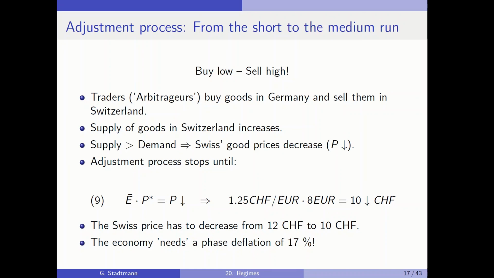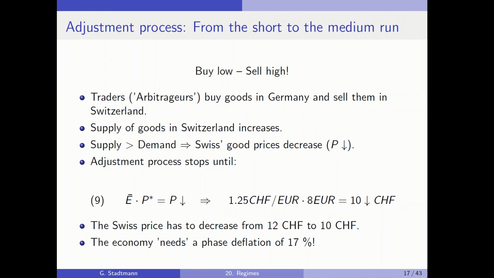So some traders, like arbitrageurs, will buy the goods in Germany and will sell them in Switzerland. The supply of goods in Switzerland will increase. Supply is larger than demand, and therefore the Swiss goods price will decrease. So P decreases and the adjustment process will stop when the Swiss price has decreased to the level of 10 Swiss francs.